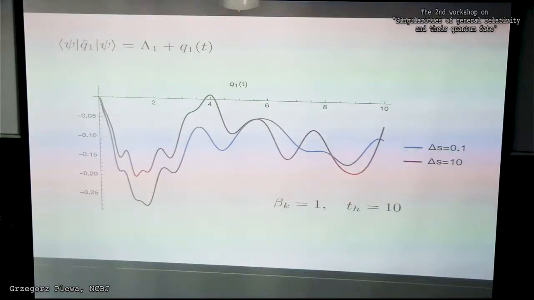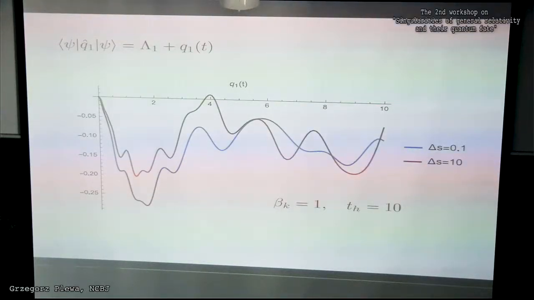And as we see, this is something familiar which one could expect on the classical level, when we have an oscillating behavior near the singularity, because Q1 is our quantum equivalent of the logarithm of the phase factor. So we have some oscillating behavior near the singularity.